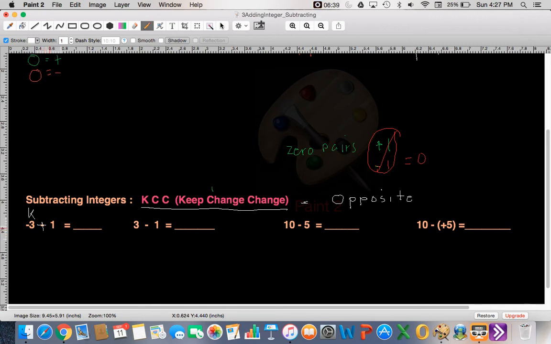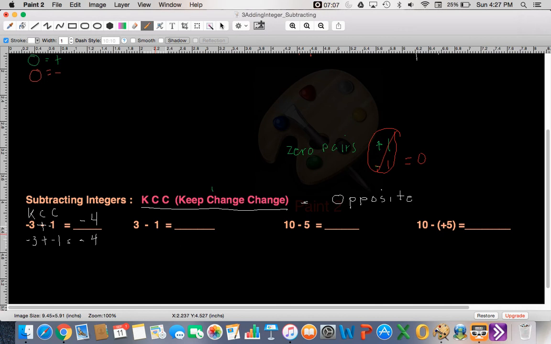And this one would be change as well, so it will become -1. So in essence, that would be -3 plus -1, and you're adding two similar signed integers, which are both negative, and the answer would be -4.